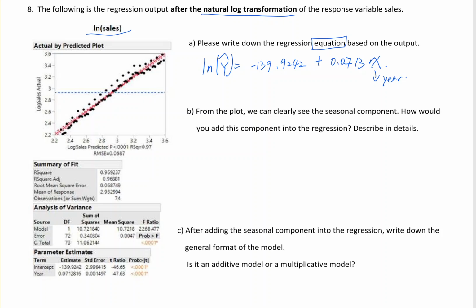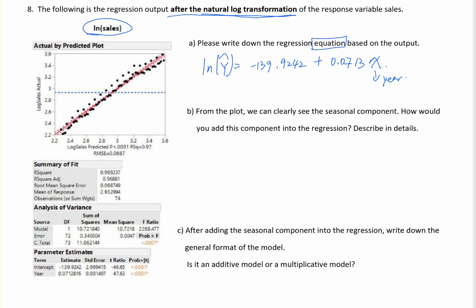It's because our y here, the response variable, has been transformed from cells to natural log of cells, right? So this is the output after the natural log transformation.